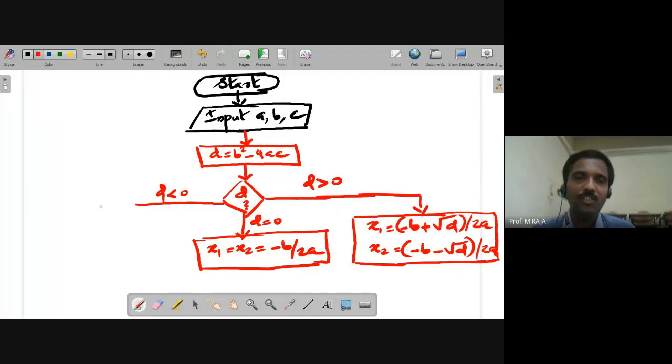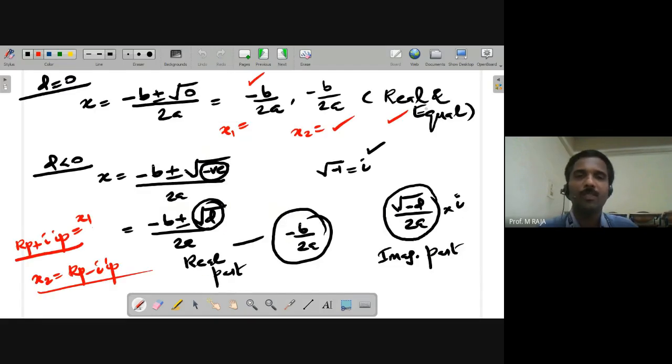When d is less than 0, we can find the real part. For example, I write the real part. What is the real part? The real part is minus b by 2a. This is the real part.